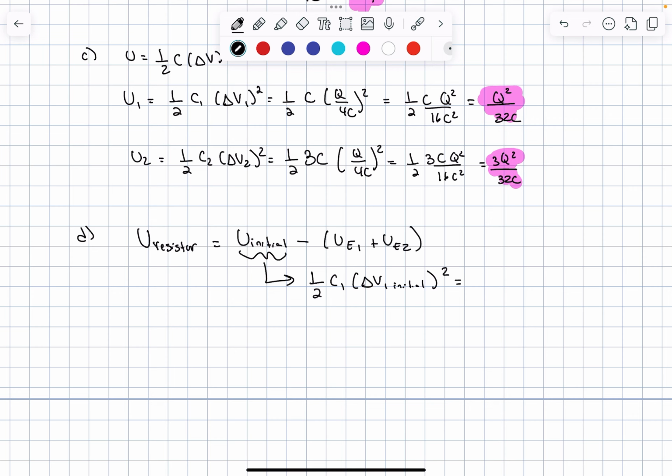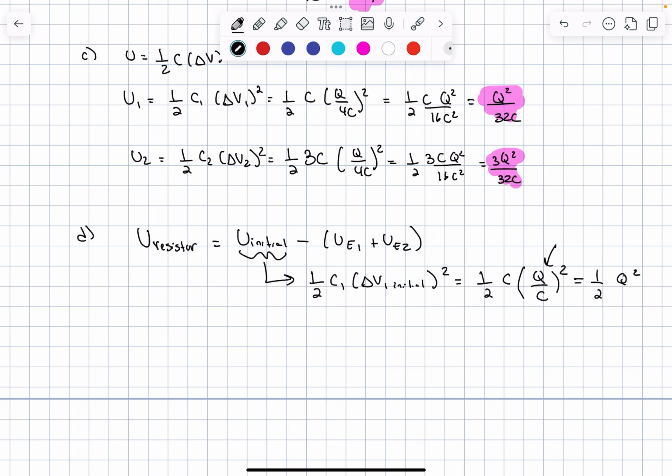And that's going to be equal to 1/2 C times Q divided by C, squared, because it had all of the charge originally to itself. And that is 1/2 Q squared divided by C, the initial potential energy.